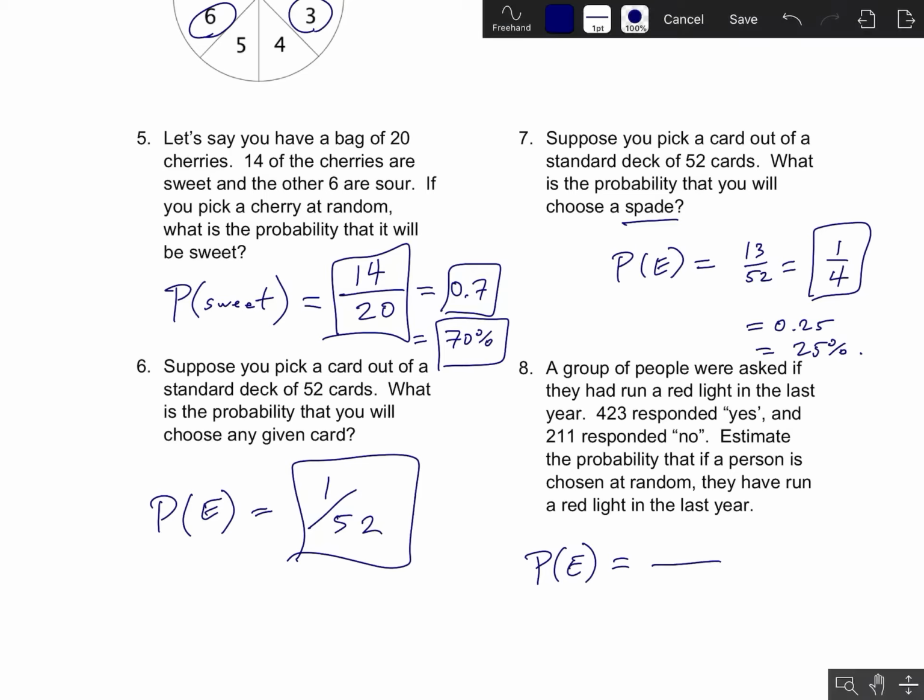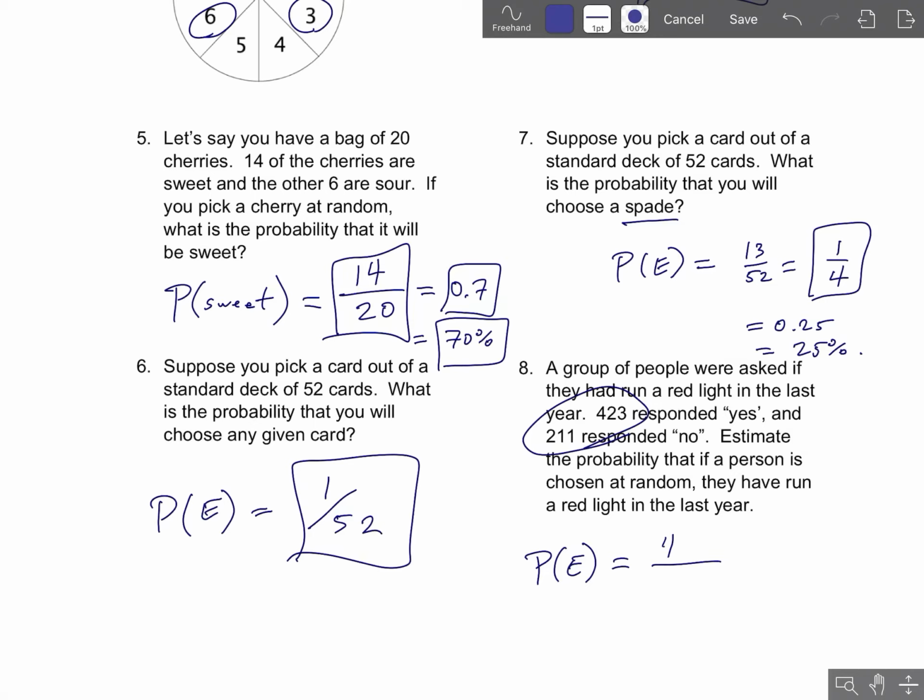So I need the number of outcomes that we are interested in divided by the total number of possible outcomes. So I'm thinking of this survey as being my total number of possible outcomes. So I'm imagining that this survey is representative of the population at large, and we're just using this to sort of estimate the baseline probability that someone has run a red light in the last year.